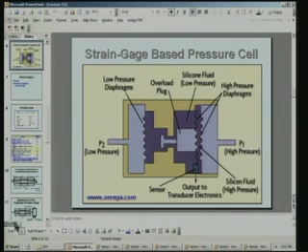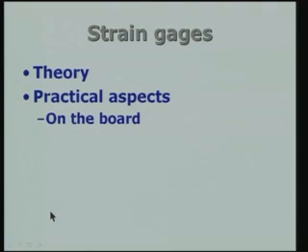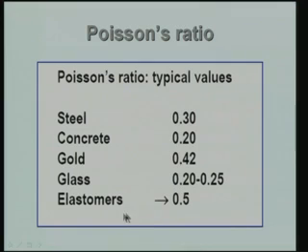presentation where I have some information on the Poisson's ratio typical values for many materials. Steel is a very popular material for diaphragm, for example. I am not talking about the strain gauge now; the element which undergoes strain is also there, the diaphragm, for example.